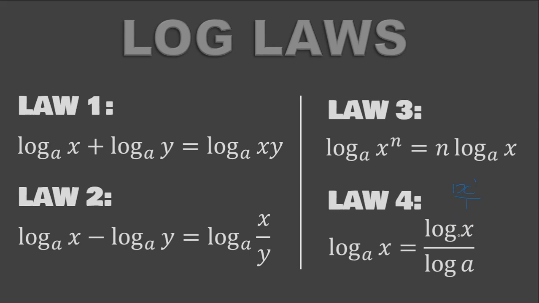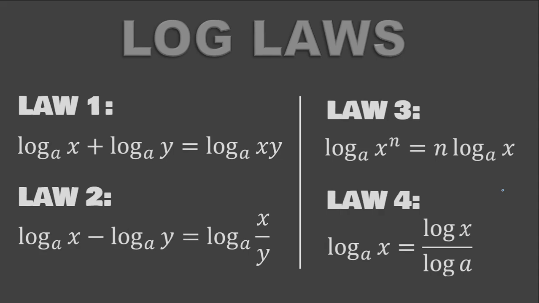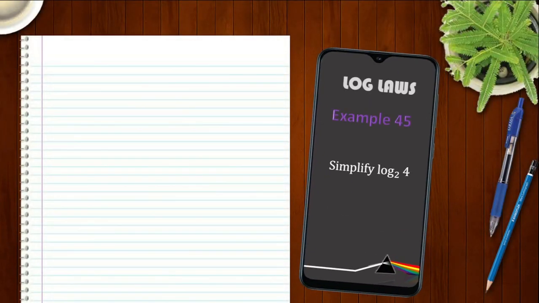In the same way, when you just see log, it actually has a base of 10, but we don't have to write it. Okay, example 45, simplify. Like I said, there are many ways to solve this. We could use law 3, but since we are on law 4, if I have log 4 base 2, then I can rewrite it as log 4 over log 2.